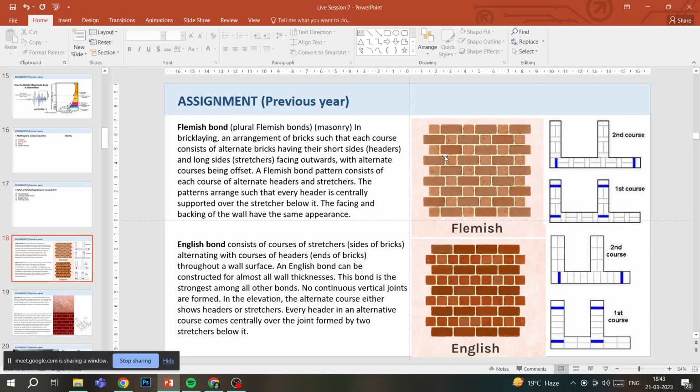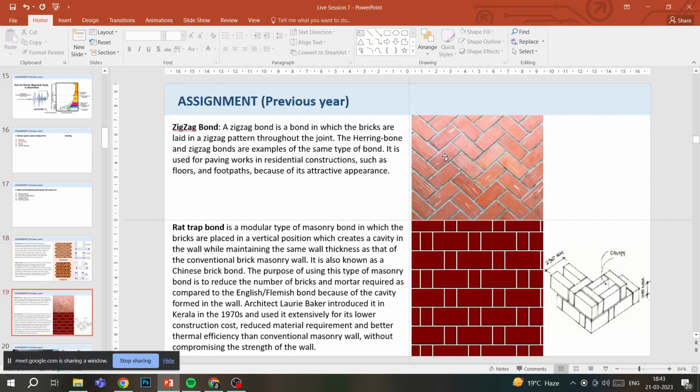In Flemish bond, for example, you arrange one header in front and then two stretchers to cover the length of that one header. But in rat trap bond there happens to be a cavity.